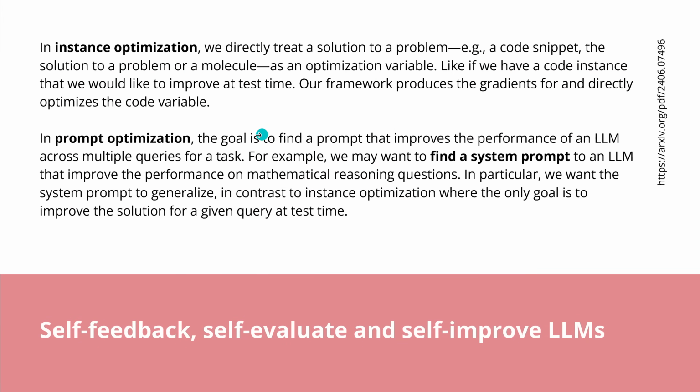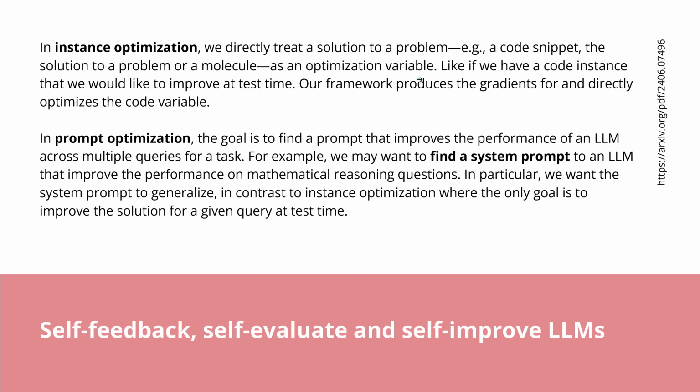As I told you, we are not only limited to prompt optimization and to find here a system prompt, because if you think that a system prompt is more or less just a parameter, or maybe a hyperparameter for a system, for an LLM, we can do another form of optimization, and the authors call it here an instance optimization. We directly treat a solution to a problem, a code snippet or whatever, or a molecule design, as an optimization variable.